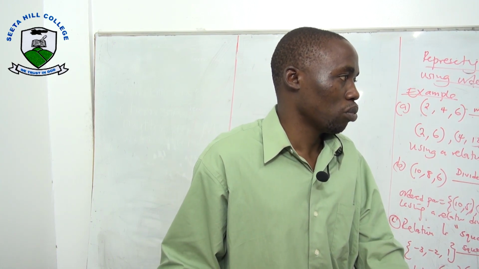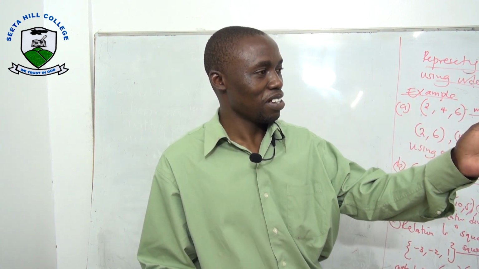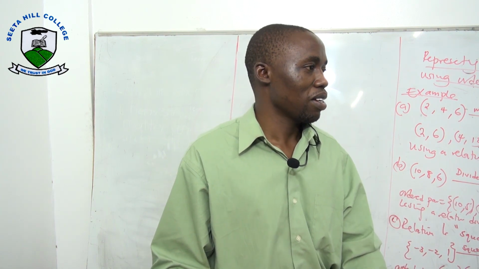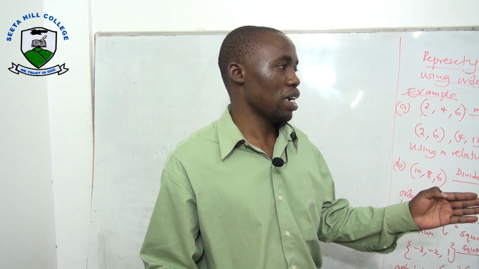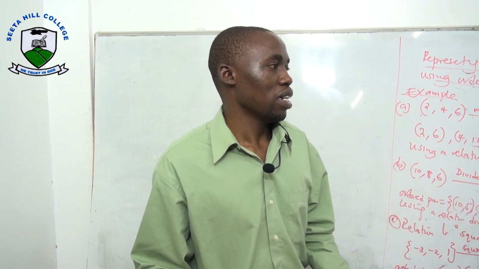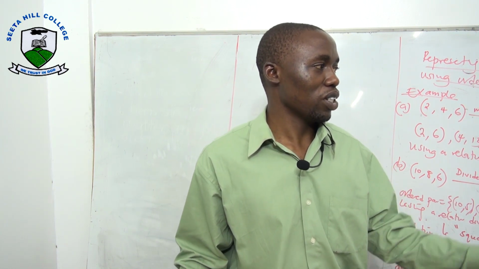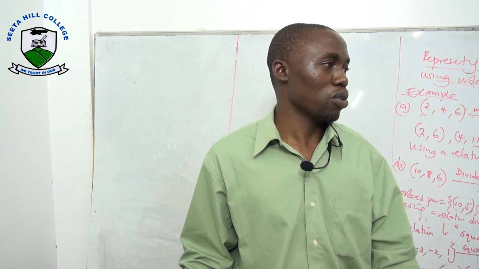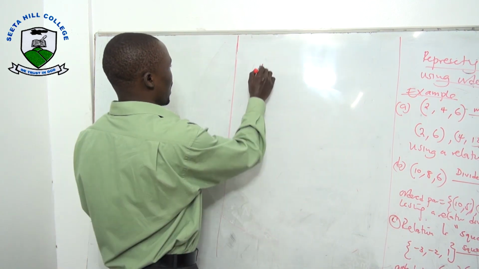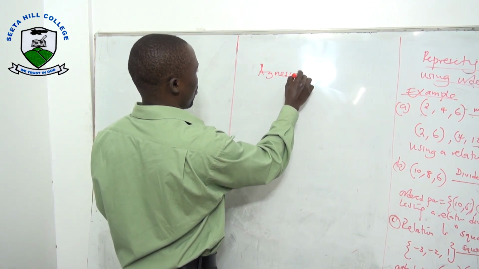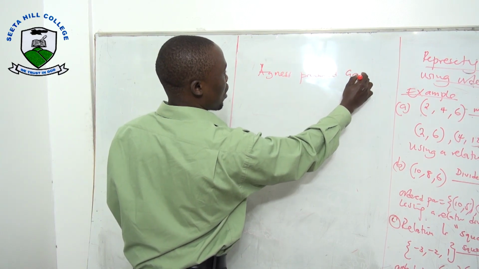Grace and the mother. What relation can connect you and your mother? Grace is my mother's daughter. And they are both women, I mean ladies. That means we can create an ordered pair there by putting you and the mother in the same bracket using, maybe, if your mom is called, she's called what? Agnes. Agnes produced. Therefore we can say Agnes produced which girls? Grace and who?